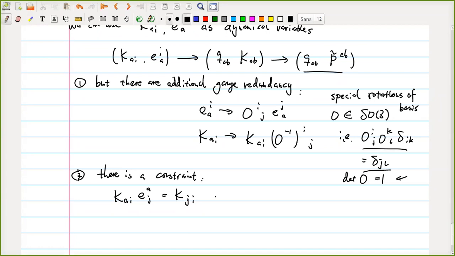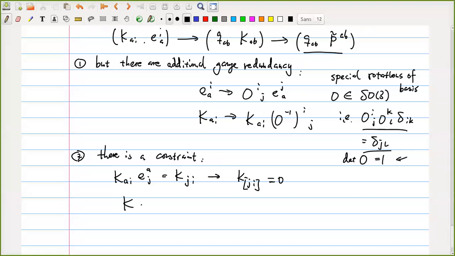So its anti-symmetrization equals 0. It is equivalent to say that K_A^[I e_A^J] equals 0. Okay, so this is the constraint.